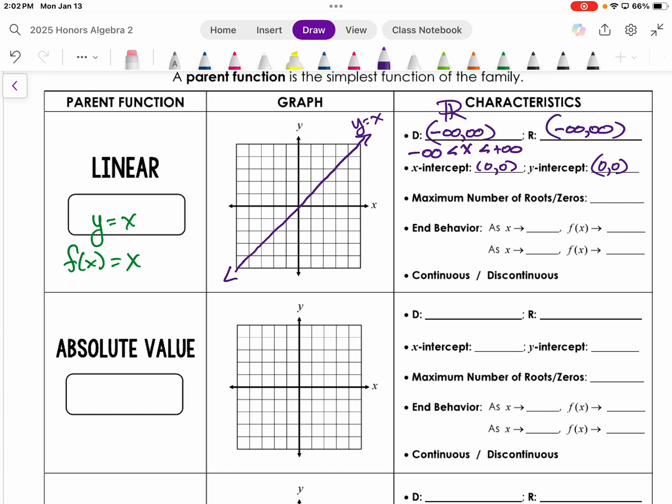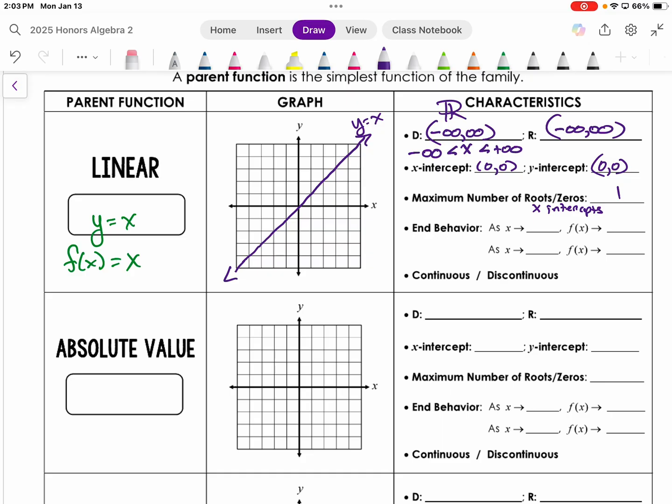Like your homework problems on that piecewise, those problems weren't the parent functions because they had the extra numbers put on with the x's, whether as a coefficient or as a constant for the y-intercept. What's the maximum number of roots or zeros? That's basically how many x-intercepts you could have. What's the maximum number of x-intercepts you can have? 1. That's the maximum.